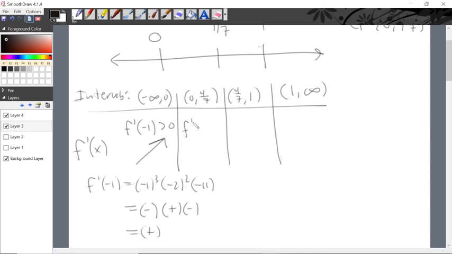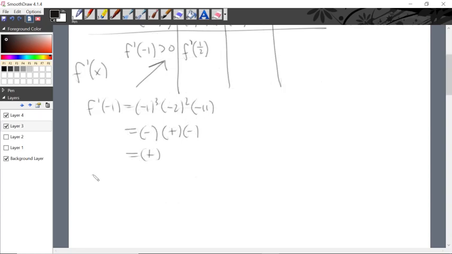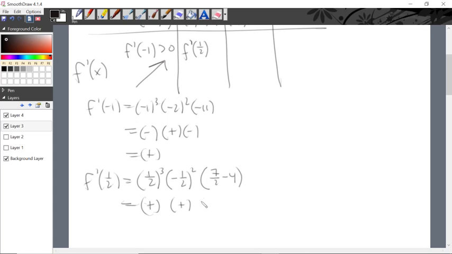Let's test in this interval. Let's take f prime of 1/2. That's less than 4/7, but greater than 0. F prime of 1/2 is going to be: we had x cubed, so 1/2 cubed is positive. 1/2 minus 1 is -1/2, but then we're squaring that, so that's positive. 7 times 1/2 is 7/2 minus 4, and 4 is 8/2, so this is negative.